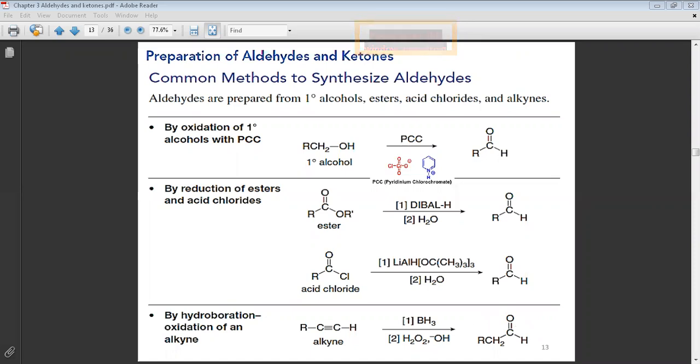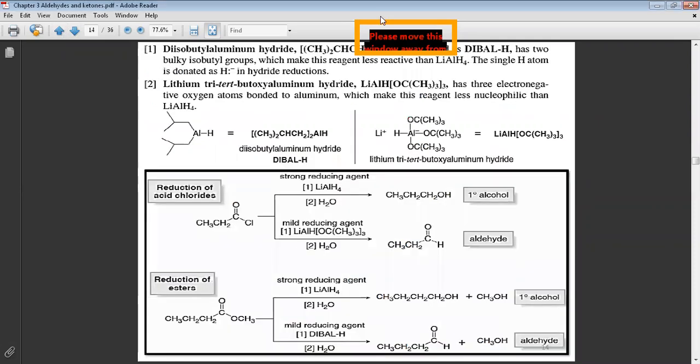And we have tautomerism to give you the final product, the keto form. You know this reaction.